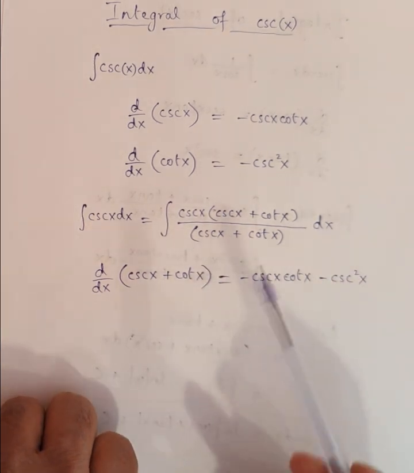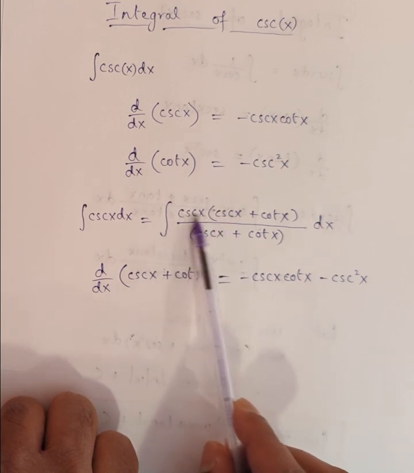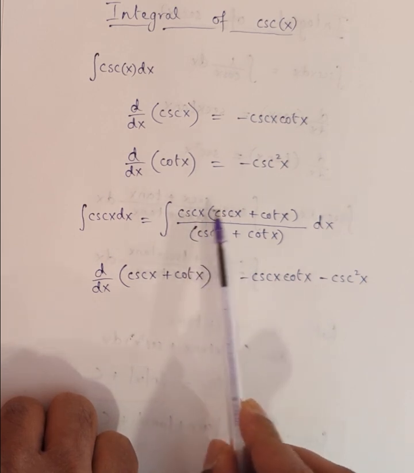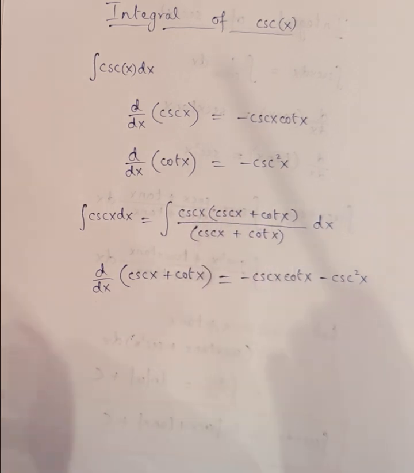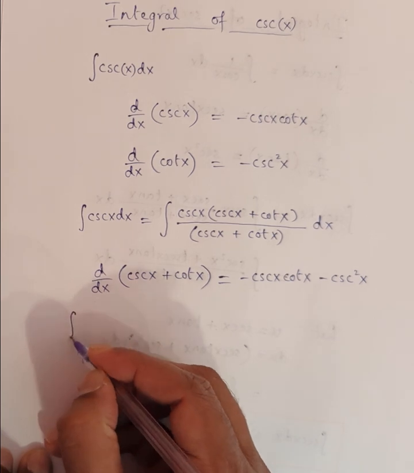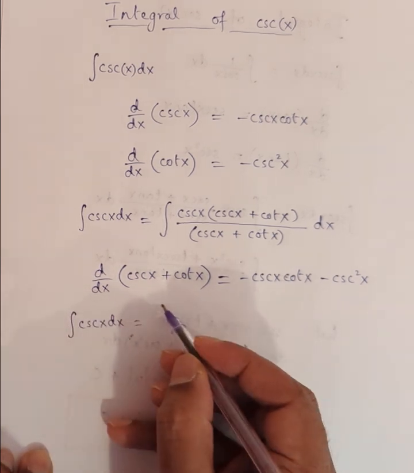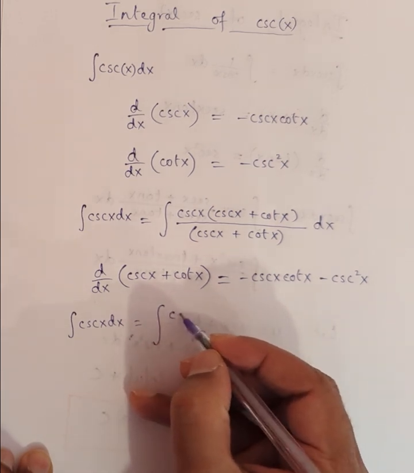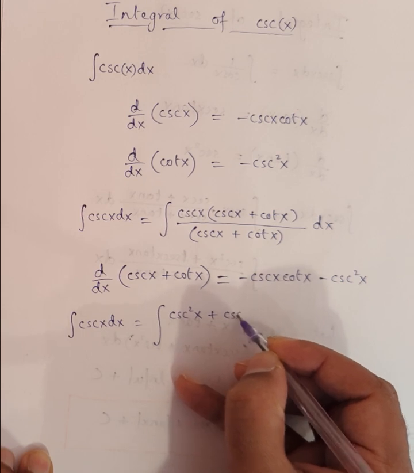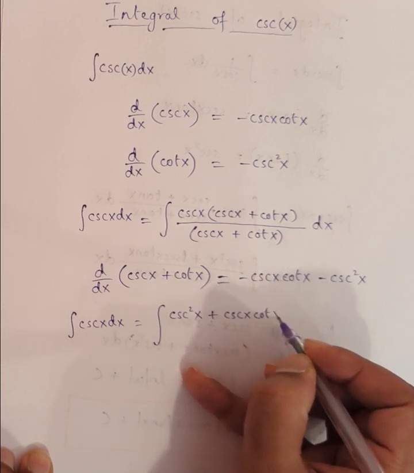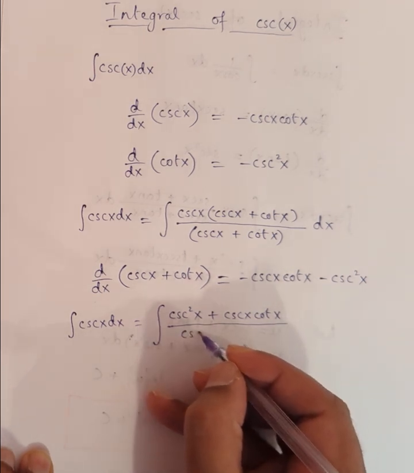So notice that's what I have up here. If I distribute that cosecant x, I get cosecant squared x and I get cosecant x cot x. So I can rewrite my integral as cosecant squared x plus cosecant x cot x over cosecant x plus cot x.